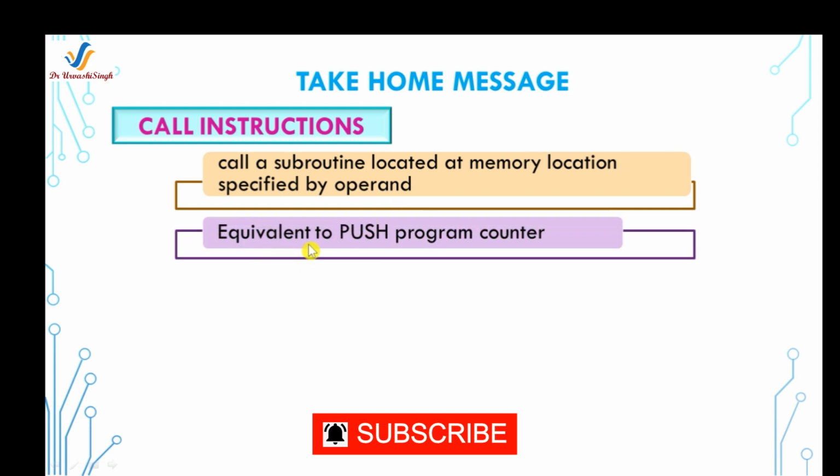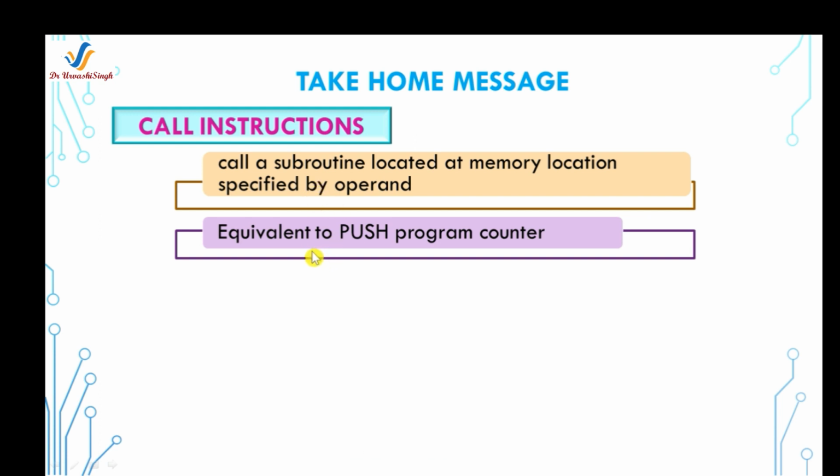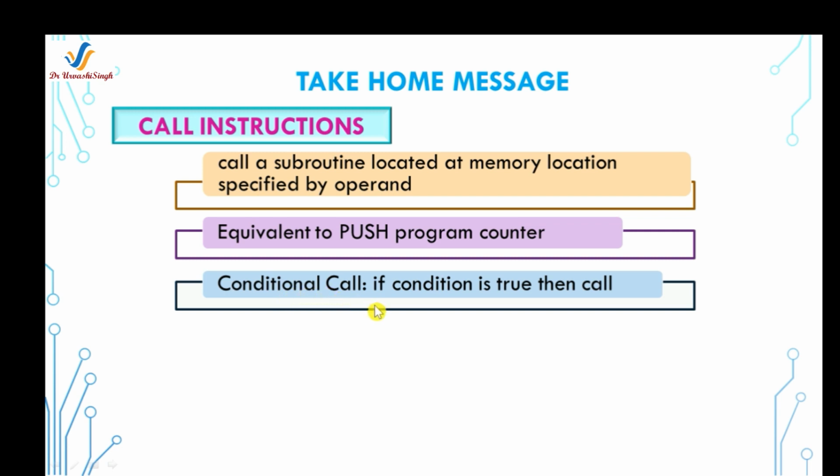Next, the process of transferring the control to the subroutine is equivalent to pushing the program counter onto the stack and then loading the program counter with the address mentioned in the call instruction. And next, there are two types of call instructions. In the unconditional call instruction, whenever it occurs in the program, it will call the subroutine.